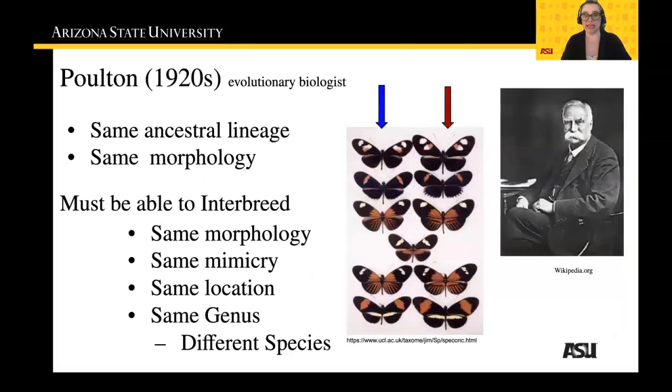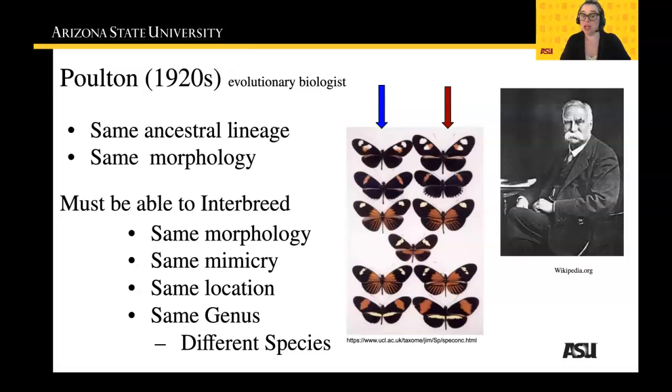In the 1920s, evolutionary biologist Dr. Poulton decided that there had to be some similarities between organisms within the same species. He supported natural selection entirely and felt that all species that were of one type needed to have the same ancestral lineage. They had the same morphology, and they had to be able to interbreed. In addition, he noted that when you look at these two species of butterfly, the same morphology is seen.